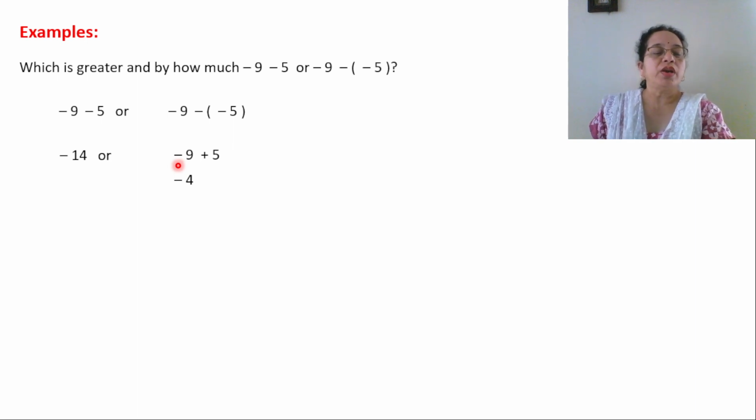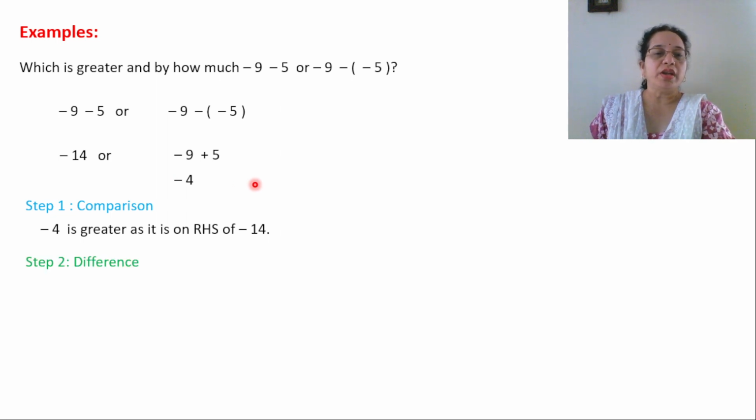Now step 1, which is greater, do the comparison. Which number is on the right hand side? Minus 4 is on the right hand side, so minus 4 is greater. Now step 2, the difference. How to find the difference? Greater number minus smaller number. Which number is greater? Minus 4, so first write down minus 4, then this minus sign. Which is the smallest number? Minus 14 is the smallest number.